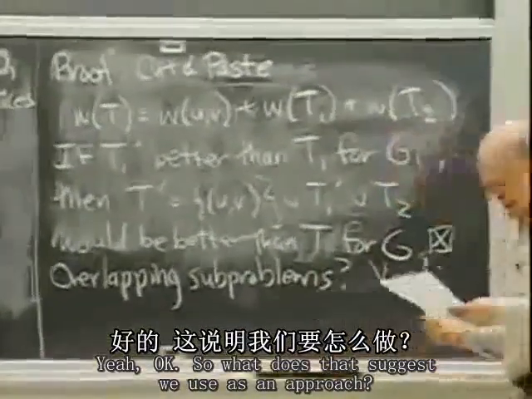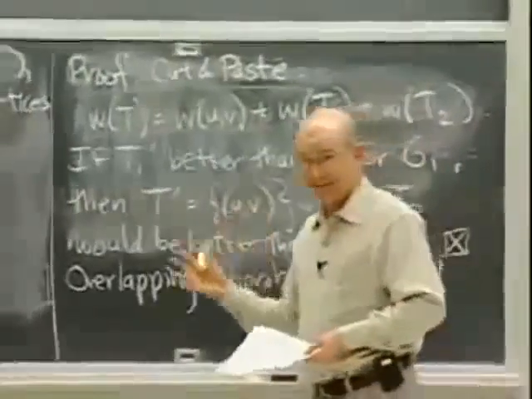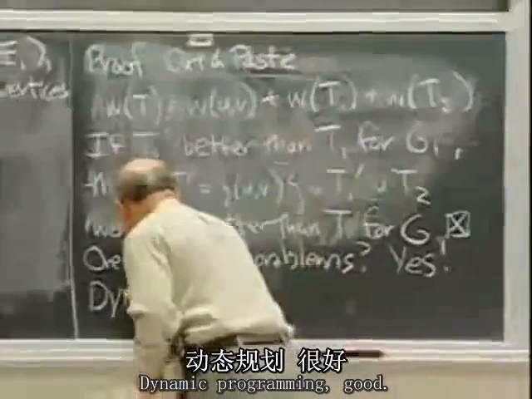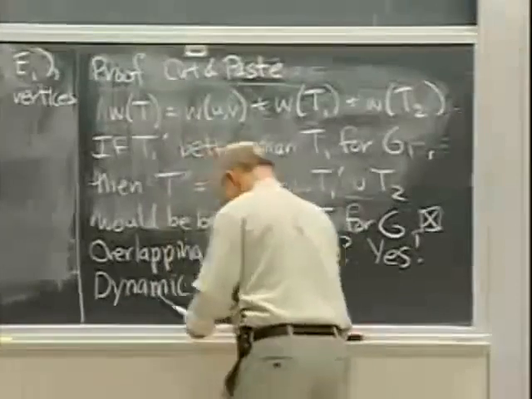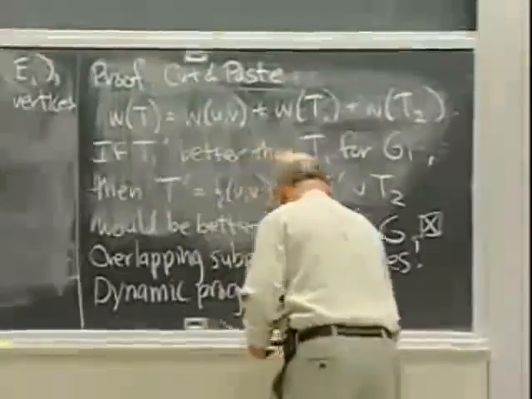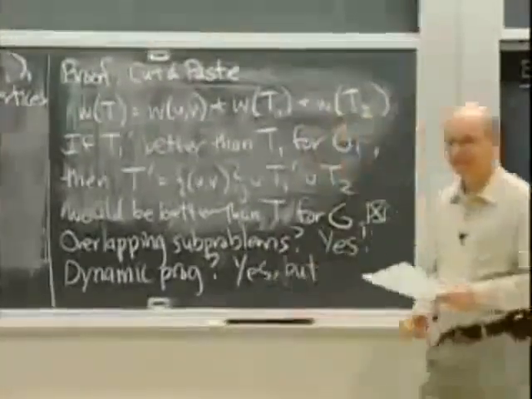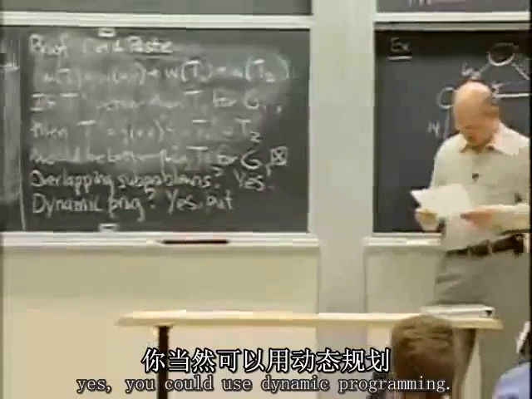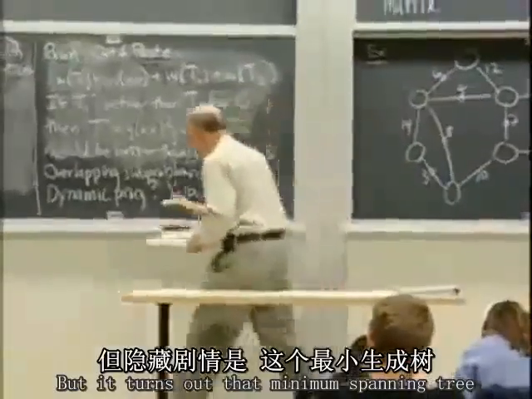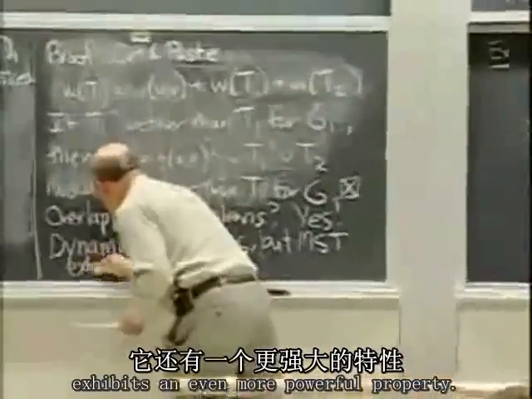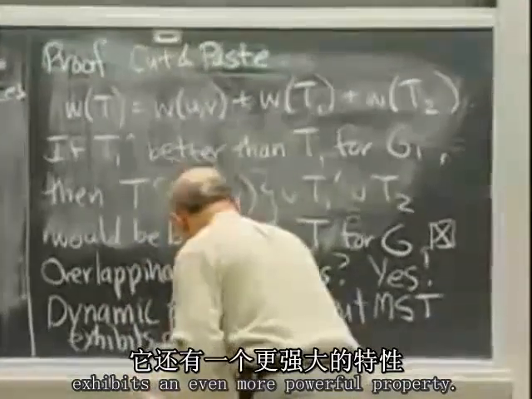So what does that suggest we use as an approach? Dynamic programming. Good. What a surprise. Yes, you could use dynamic programming, but it turns out that minimum spanning tree exhibits an even more powerful property.